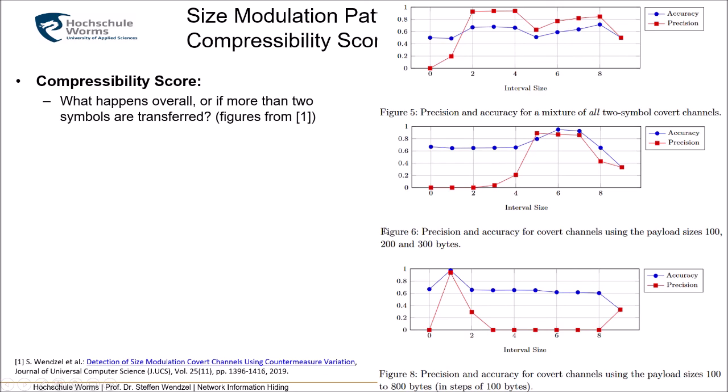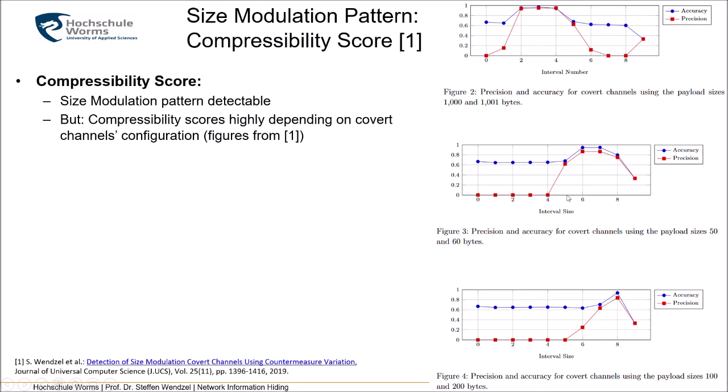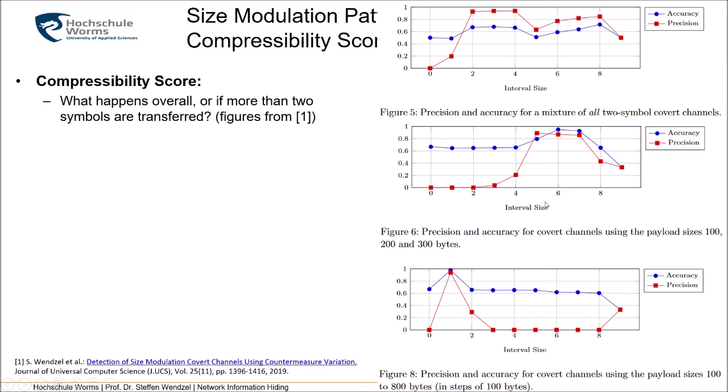And if we use 3 sizes, 100, 200, and 300 bytes, then it's again challenging, but the interval is at least the same as for some two packet size values, namely the interval 7 and 8, and 6 is good here. So we can use this nicely for such channels as well.